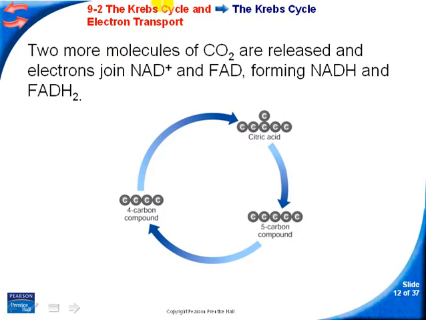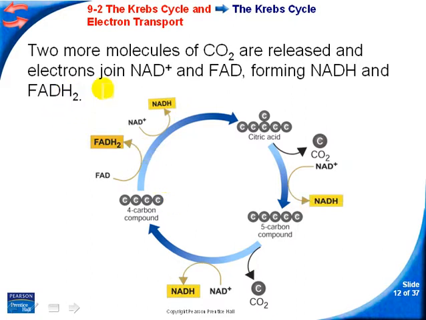Now, as a result of this, we are creating more CO2 by taking the 6-carbon citric acid into a 5-carbon product, and then a 5-carbon product into a 4-carbon compound, and we make more carbon dioxide. But the real important thing is we get electrons here and here and here and here, and now we have all these high energy electrons.